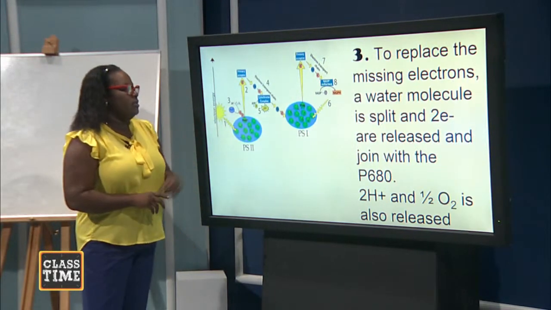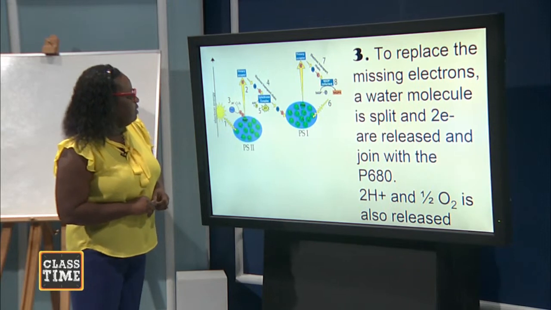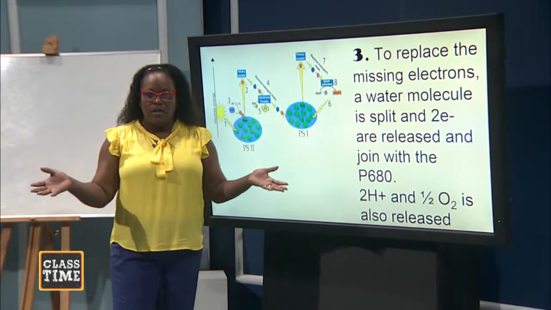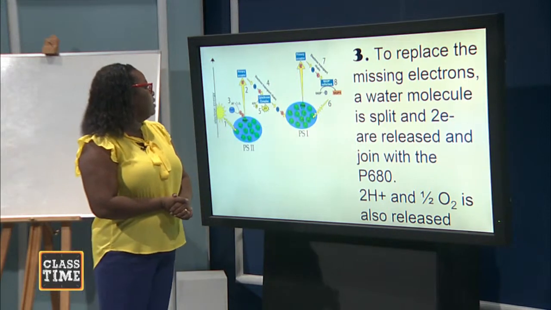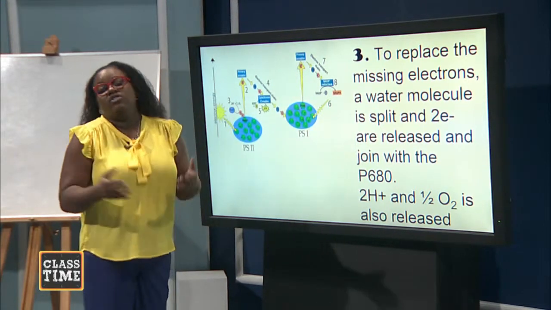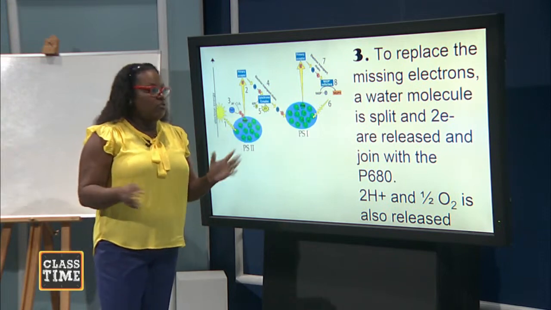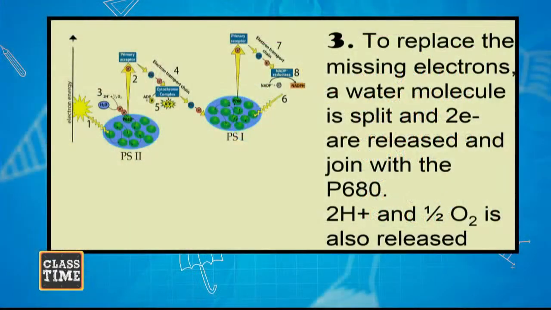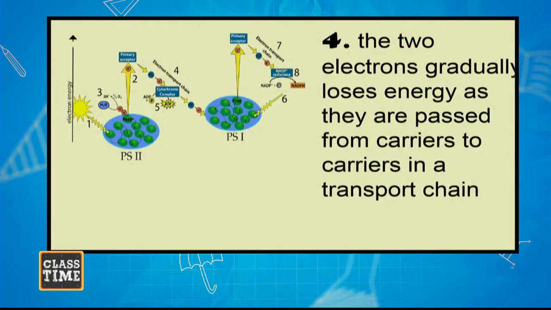Now we know that the P680 requires some electrons because it has just lost its electrons, but it cannot get the ones that it just lost because those are too hot for it to handle. So it has to get its electrons from the water molecule that will be split to produce these 2 electrons.